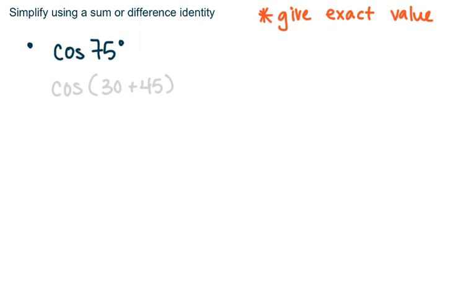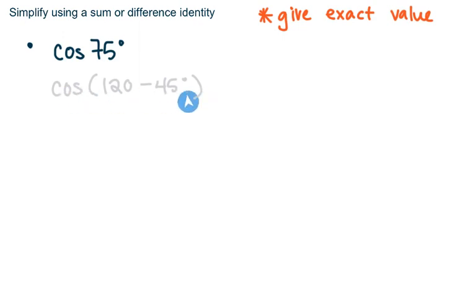Are there other values that we can use off the unit circle? How about 120 take away 45? Is that the same? Sure. We don't have to use bigger numbers than we need to, but it will still work.